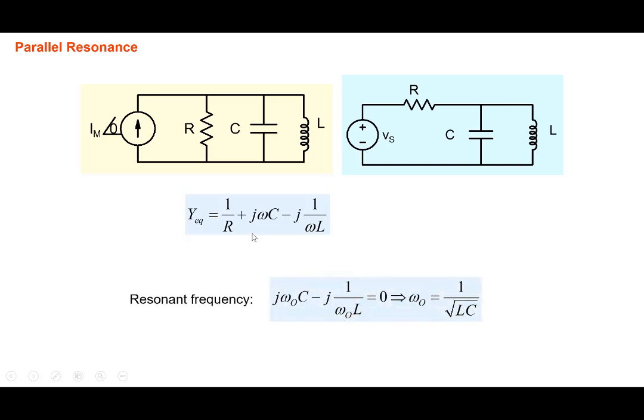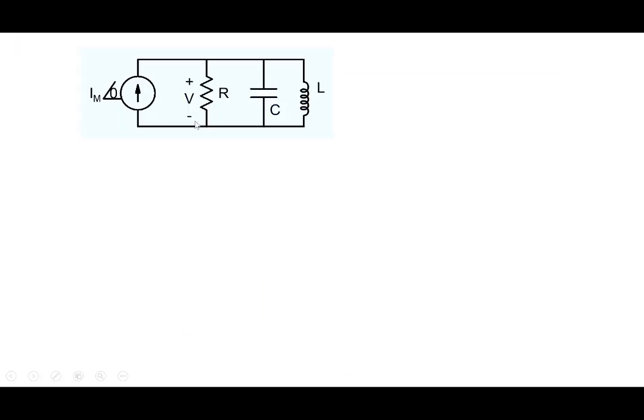That's the resonant frequency for us. We make the imaginary part 0, so again the resonant frequency is 1 over root LC, and then the admittance becomes 1 over R, and the output is simply I naught times R. So the net impedance is simply R here.